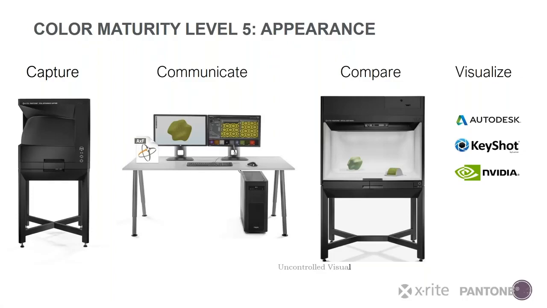It's straightforward. It's not a simple system, but we would capture on the left. We have a special kind of theater that we place the objects in. We communicate this, can go through a couple CAD systems now, not in the textile world, but in other areas. And then we can compare.